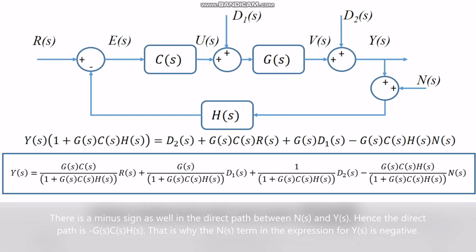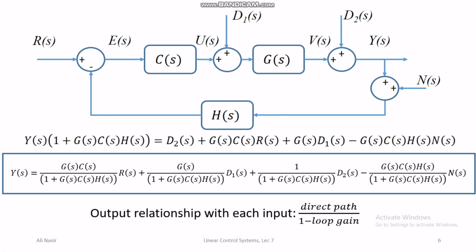So far our discussion leads to this idea that the relationship between input and output involves direct path divided by 1 minus loop gain. Loop is common in the block diagram, and so loop gain is the same for every signal. Direct path is different, but the loop gain is the same, and the denominator of each term on the right hand side is the same, and that is 1 minus loop gain.